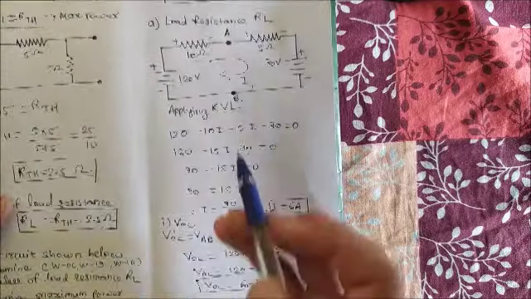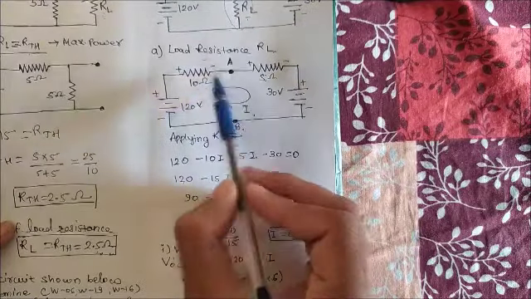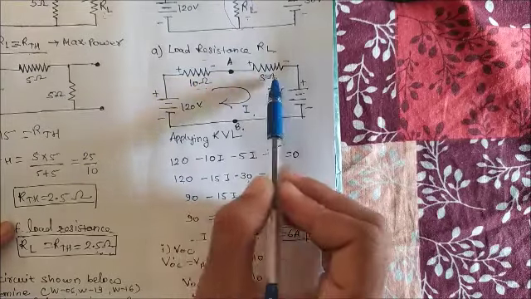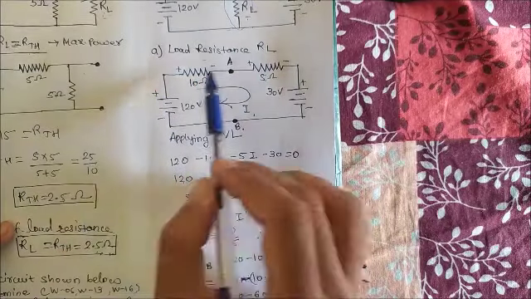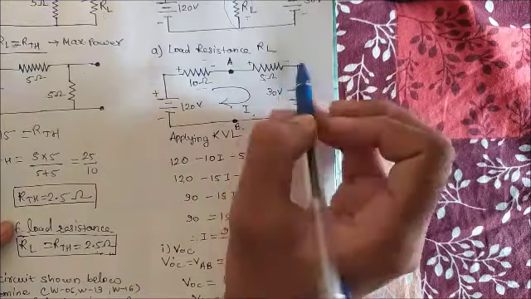So after short circuit, now see here, 10 ohm resistance and 5 ohm resistance are in parallel, because to the A point there, I am considering this as plus minus from this direction, you can consider it from this direction.